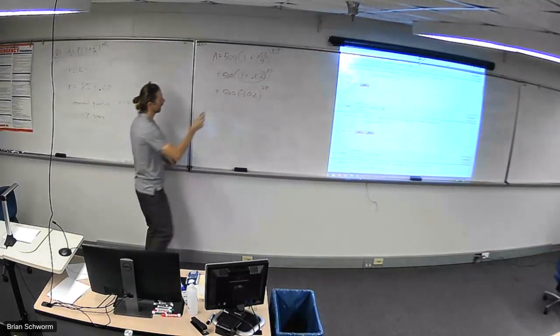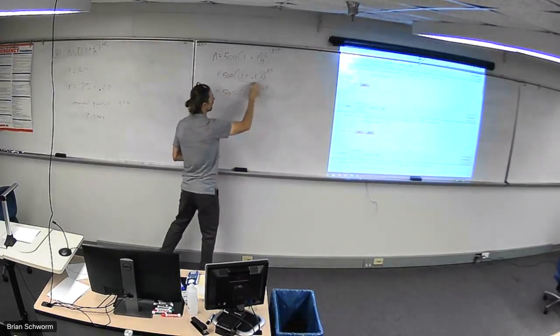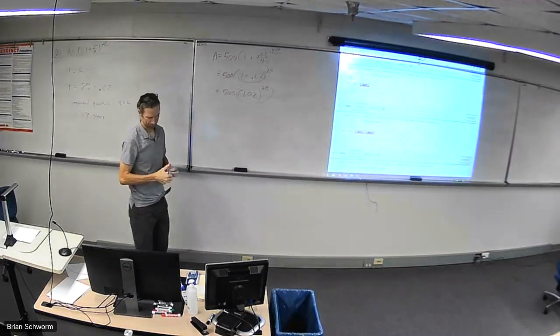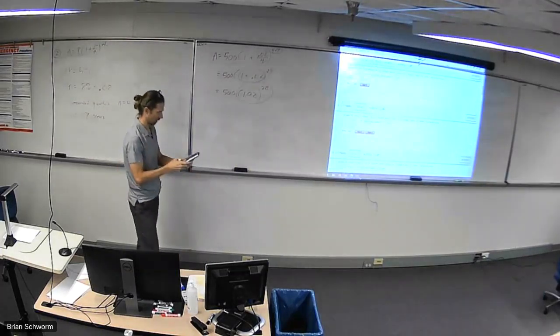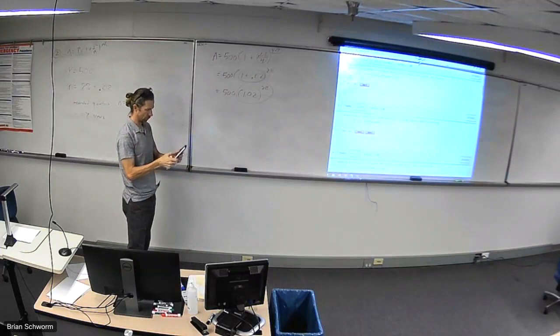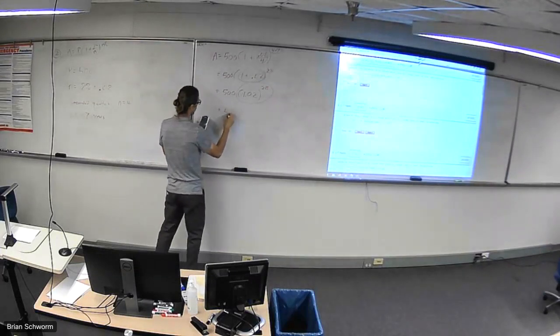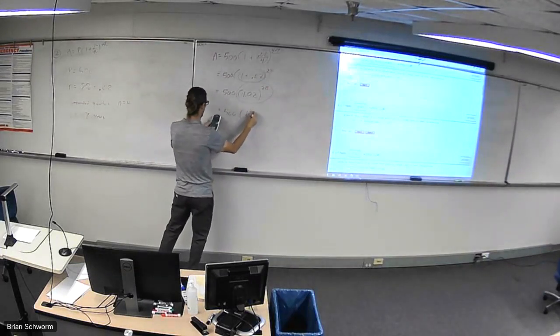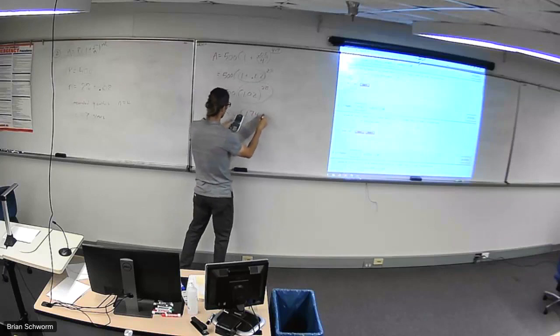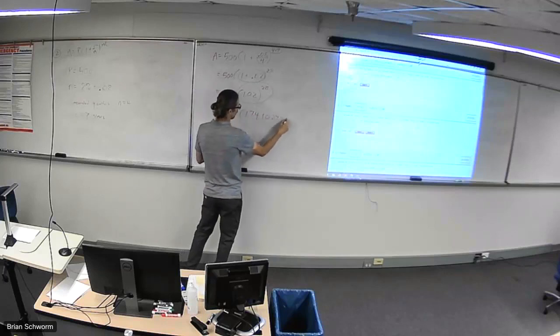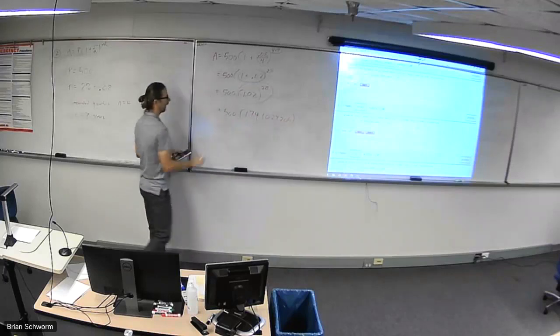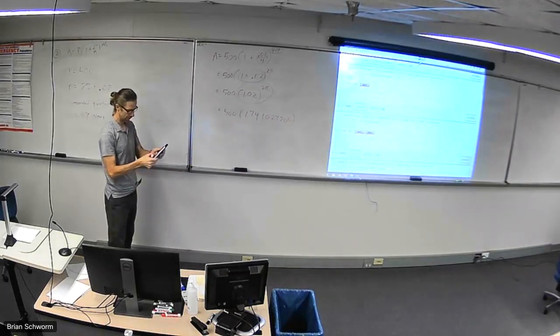Then raise it to the 28th power. 1.02 raised to the 28th power is 1.74024206. Finally, last step times the 500.